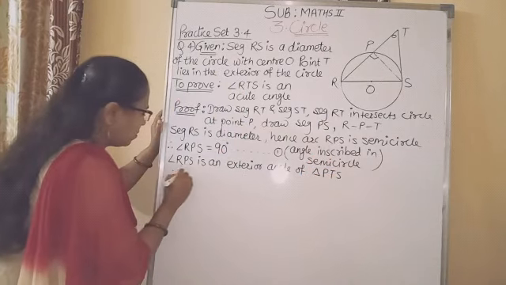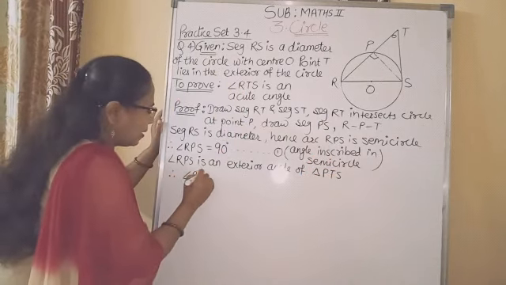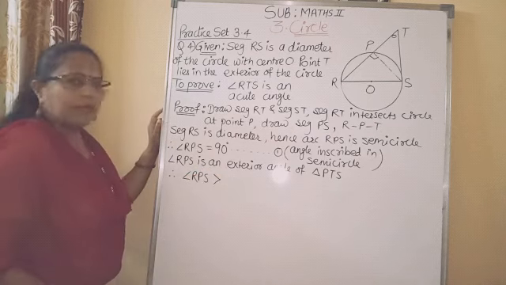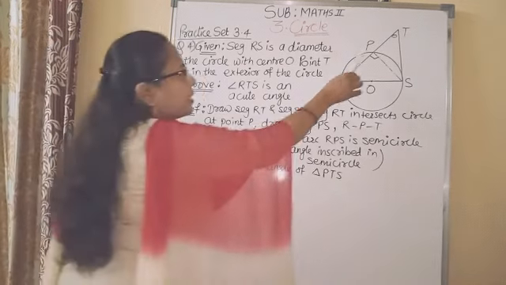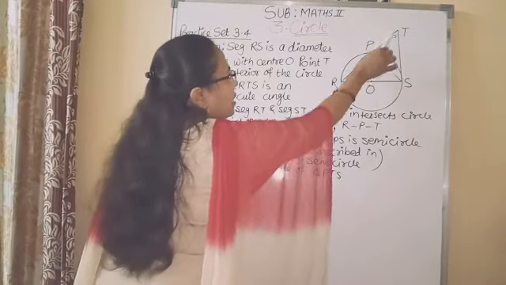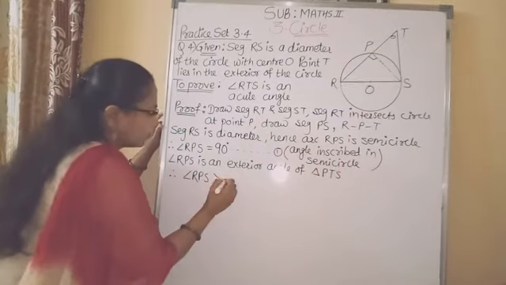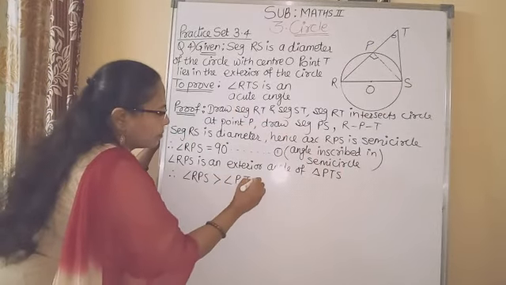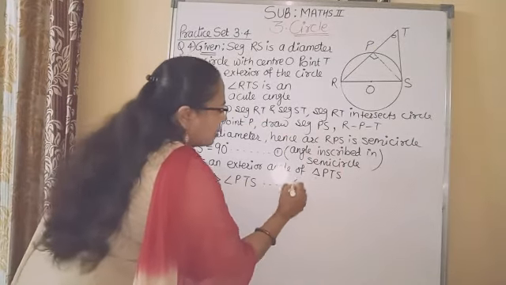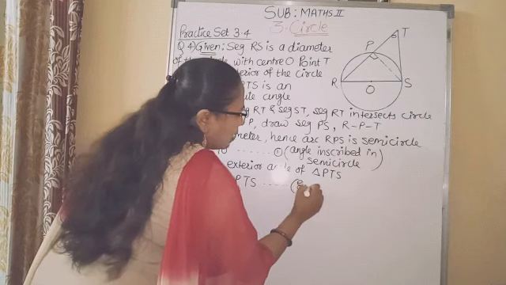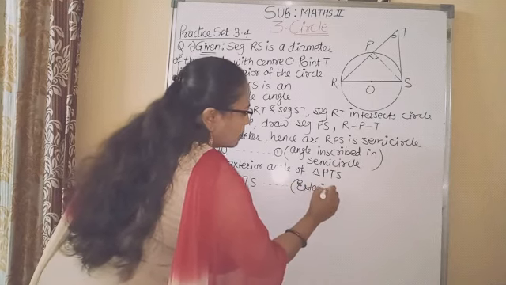Therefore, angle RPS is greater than its remote interior angle PTS. Write the reason: exterior angle theorem.